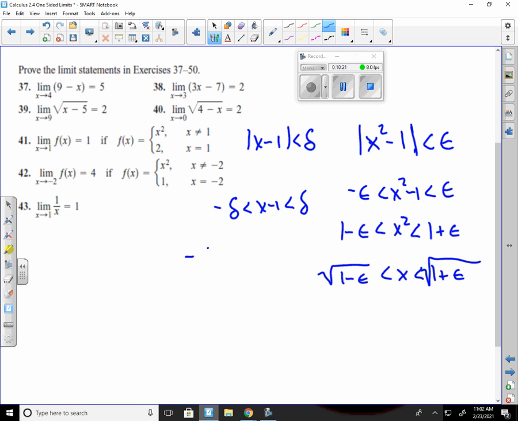Add 1 to both sides. Negative delta plus 1 is less than x is less than delta plus 1. Now, if we're talking about which one's going to be greater and less than, this one's going to be less than because I'm subtracting this from 1.